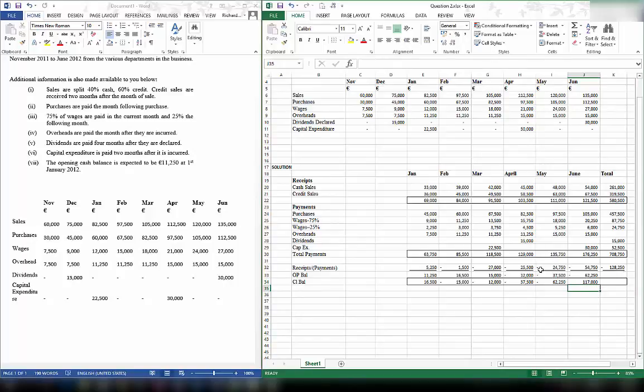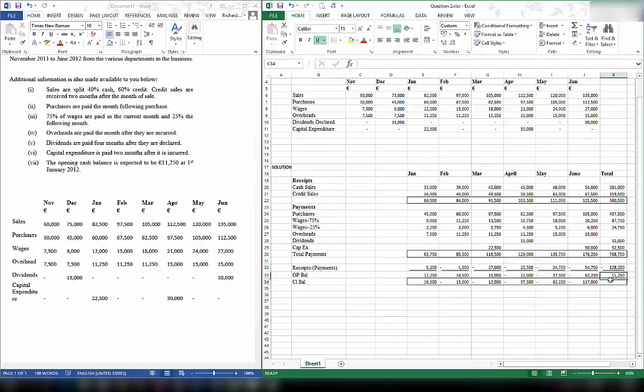So let's look at our total column and see, does our total column match everything else that we've done? Because it should. So we know that our opening balance was 11,250. Apologies again, this should be a negative. So our total was minus 128,250. We had an opening balance of 11,250.